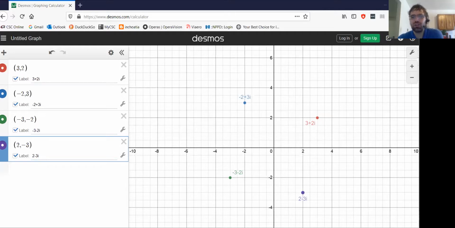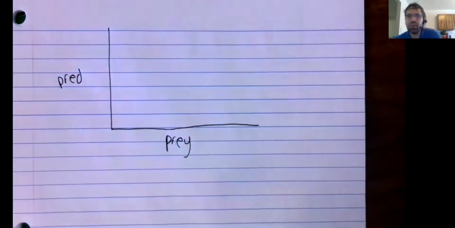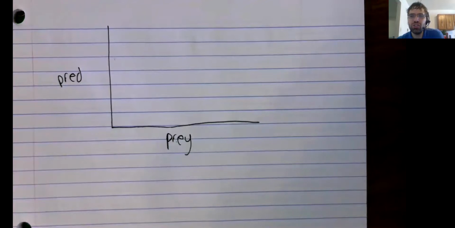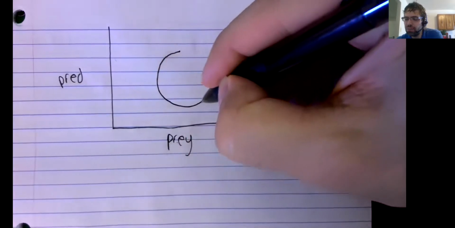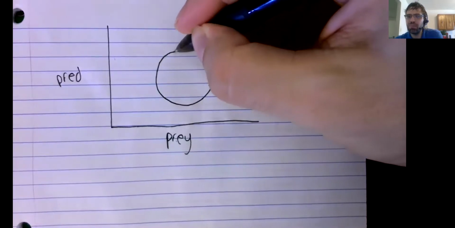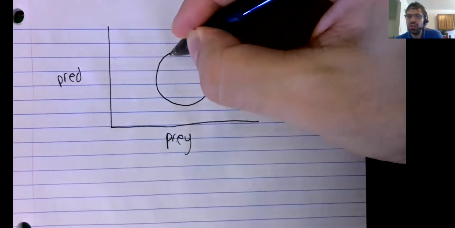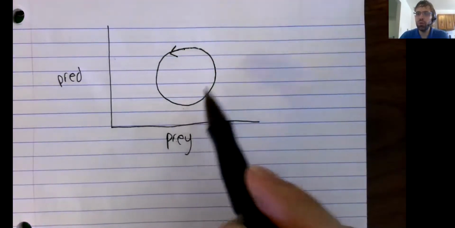And the answer to that is yeah, but it turns out that if you look at the prey population and the predator population and how they change over time, as time passes these populations change and we see this circular movement.